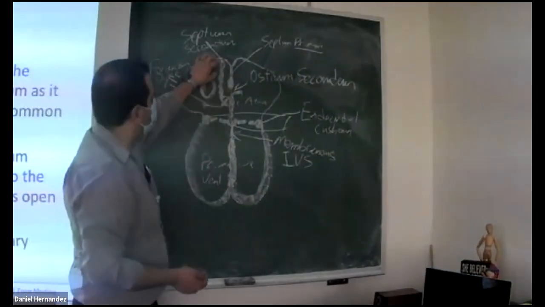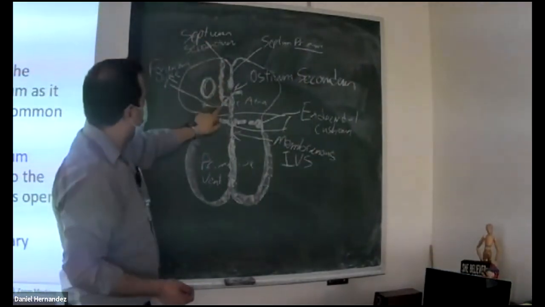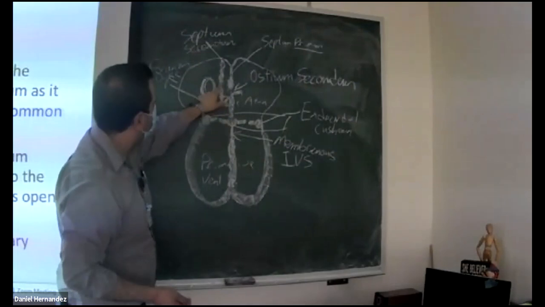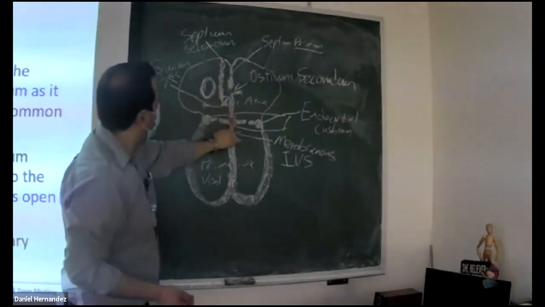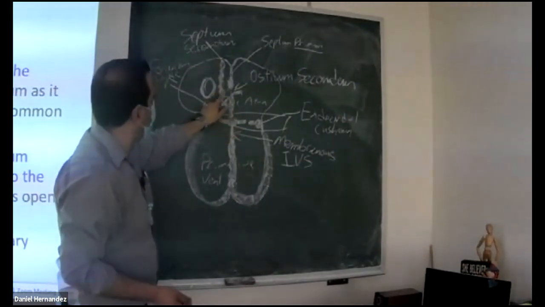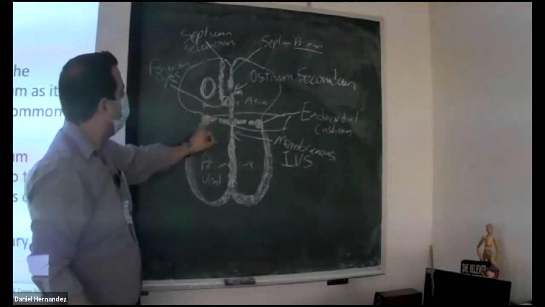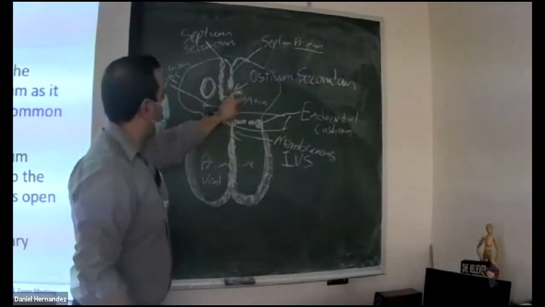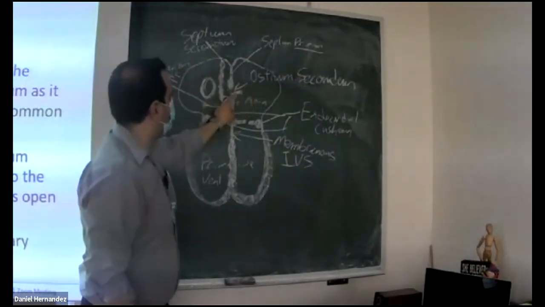So: septum primum, septum secundum, and the channel between the septum secundum and this portion of the septum primum is your foramen ovale. This hole now becomes, once that developed, the ostium secundum.